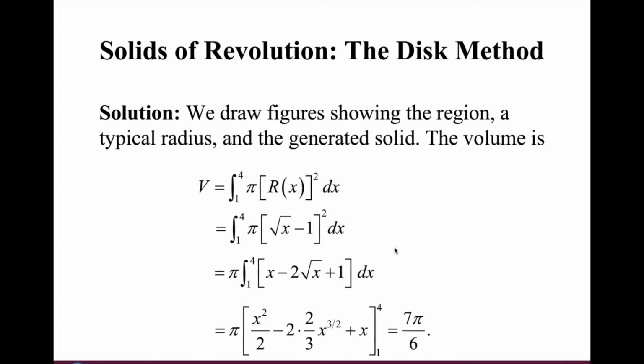Integrating that expression, we get x squared over 2 minus 2 times 2/3 x to the 3 halves plus x. And then plugging in 4, plugging in 1, and subtracting, we end up with 7 pi over 6. So I would encourage you definitely to try this one yourself and make sure that you get 7 pi over 6. I believe starting with the next example, I am going to do these integrals live for you.